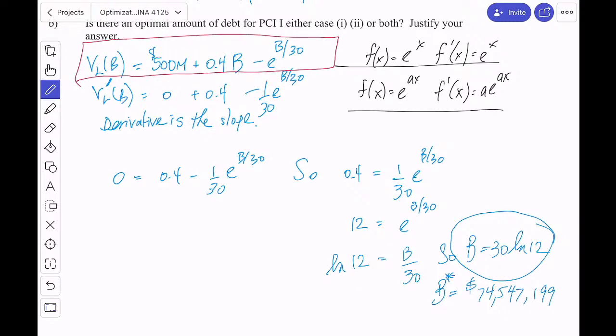The only thing that may have disturbed you was my derivative, but otherwise, this is the equation that we're going to use, just plugging in the value of debt.